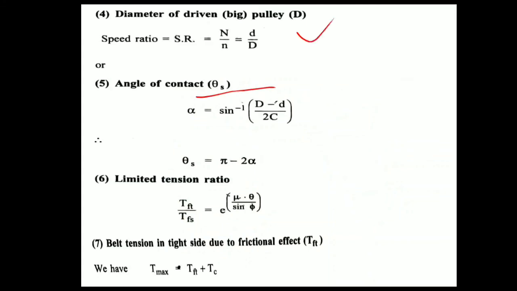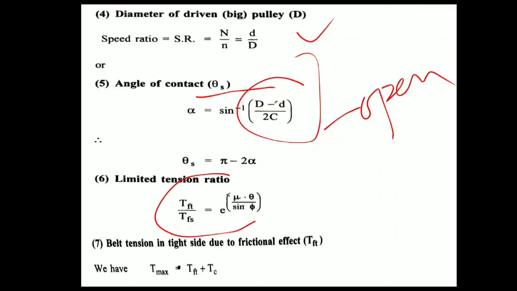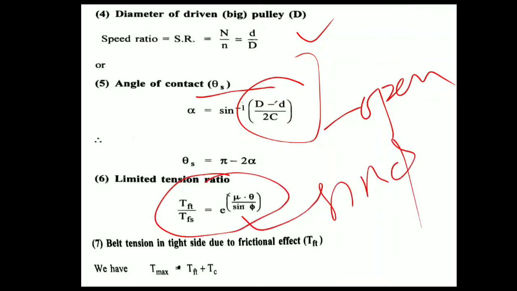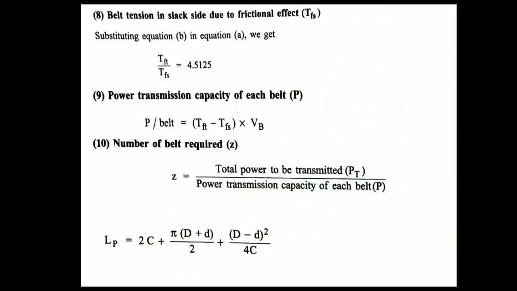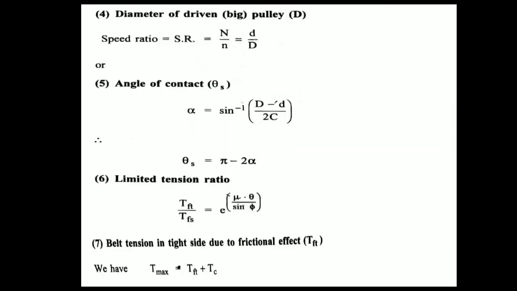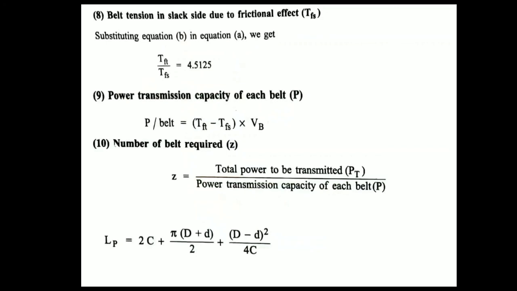The angle of contact alpha we need to calculate, keeping it as an open belt drive. For T1 by T2, just add the sine of phi because it is the groove angle, and T is equal to T1 plus Tc, correct. This ratio will be given, and from this ratio and this value we get the T1 and T2 tensions on the tight side as well as the slack side.